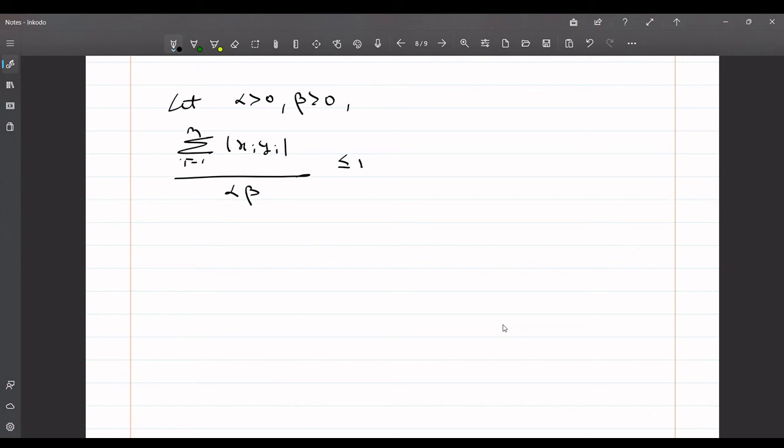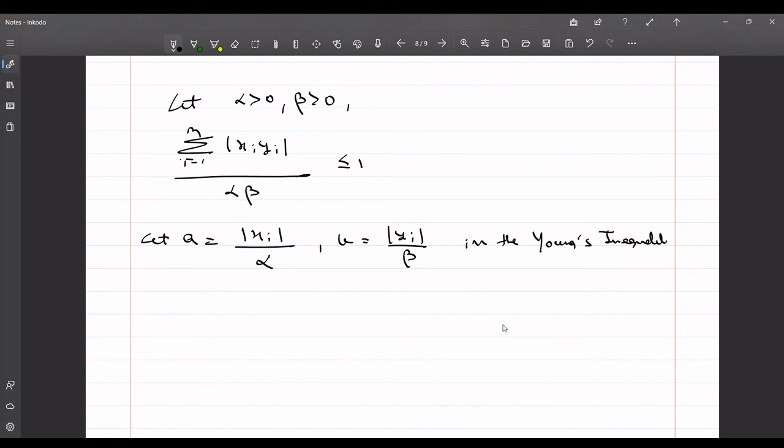What we do is that we have already assumed alpha and beta. So we take a equals |xi| over alpha and b equals |yi| over beta in the Young's inequality.